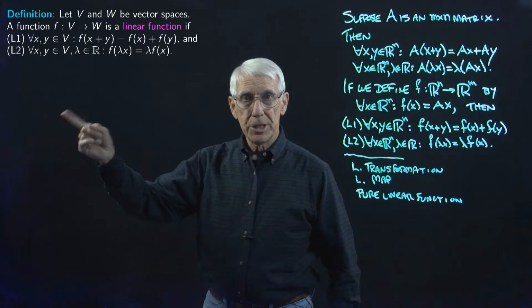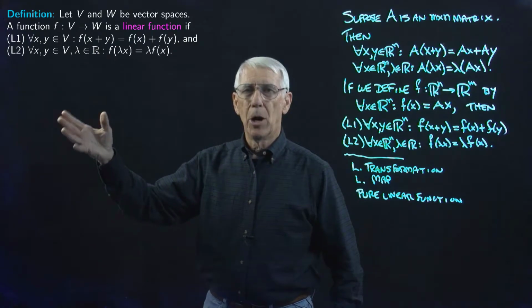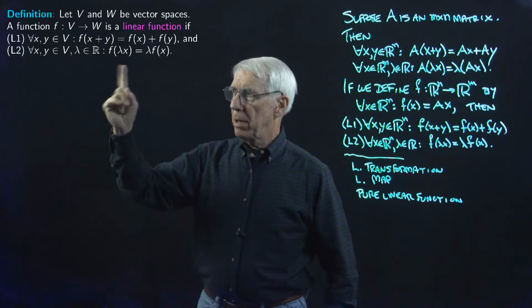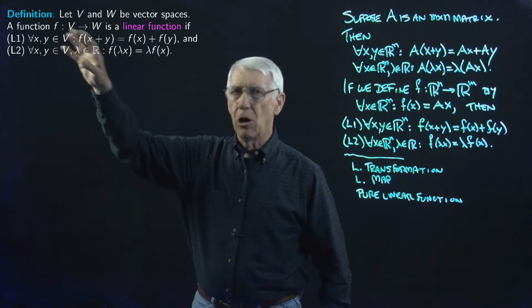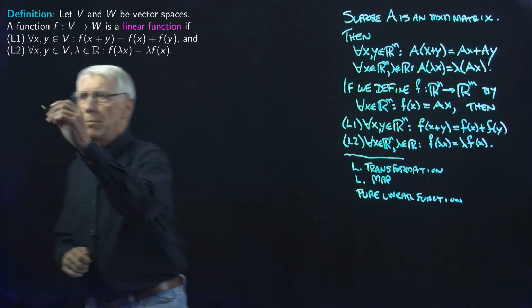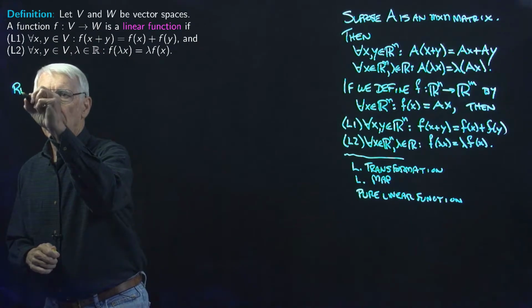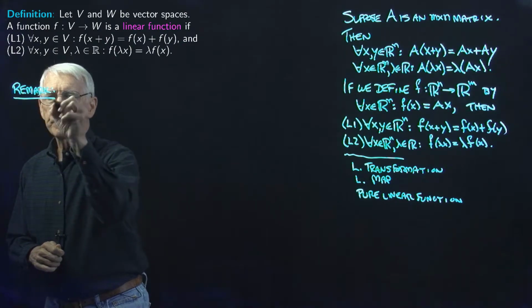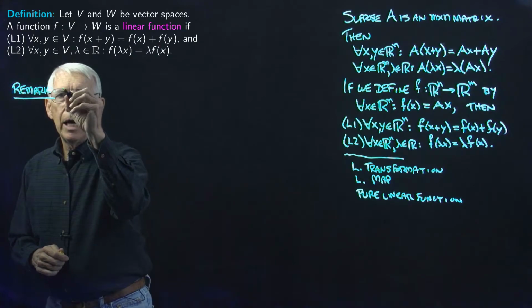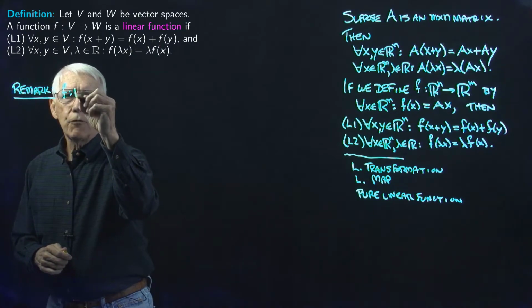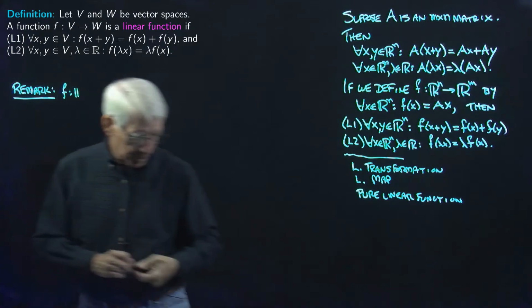And so we're going to see a result, it's just a remark because it's really simple, a result that applies to all linear functions, any vector spaces. So let's put that remark here. So we'll say that a function, well, let's make these vector spaces now.